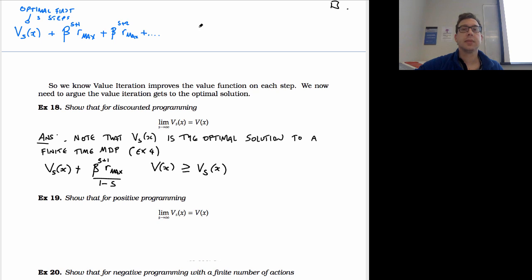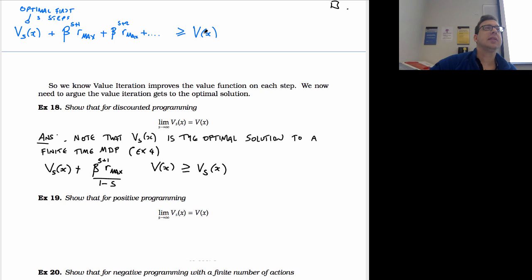That is going to be better than the optimal policy. Why? Because I'm doing the optimal thing for the first S steps, and then I'm getting the maximum I can possibly get in an idealized world. So it's better than any reward I could get over these time steps, so it has to be better than this.